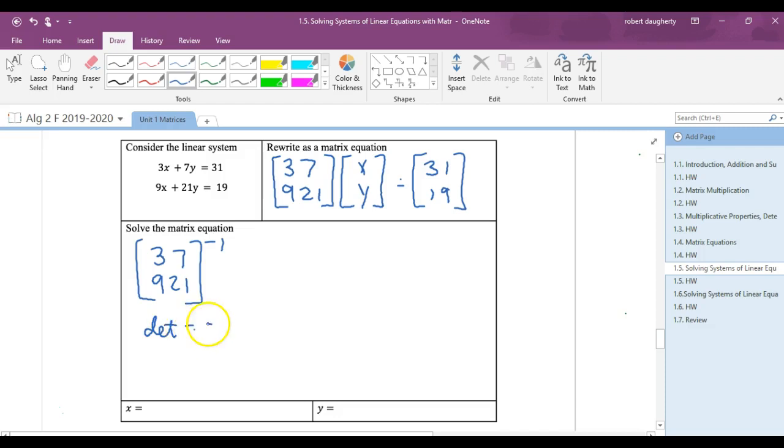The determinant is 3 times 21 minus 9 times 7, which is 63 minus 63, which is 0. Okay. If the determinant is 0, the inverse is undefined. If the inverse is undefined, what is the solution to this set of equations?